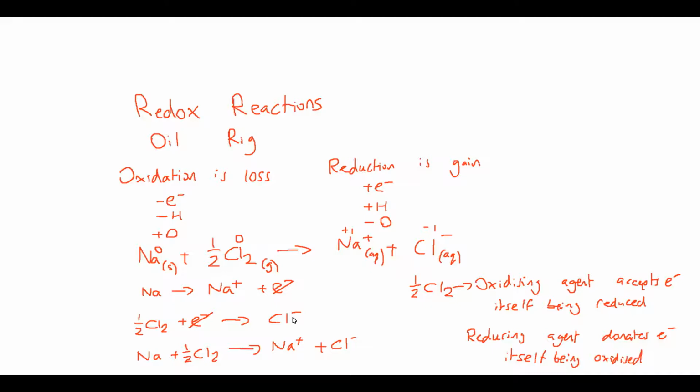So if we look at which species has been oxidized, the sodium has gone from 0 oxidation state to +1 oxidation state, and in the process has lost an electron, or has donated an electron to chlorine. So sodium has been oxidized itself, but has donated electrons, and so is the reducing agent. So in our example here, sodium is our reducing agent.